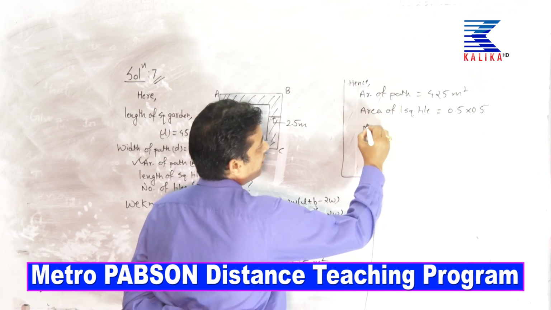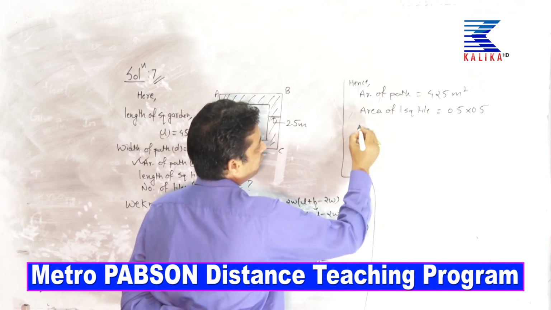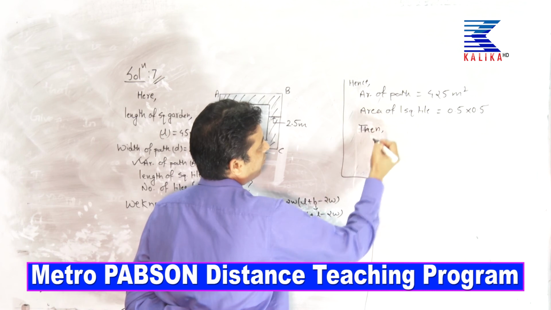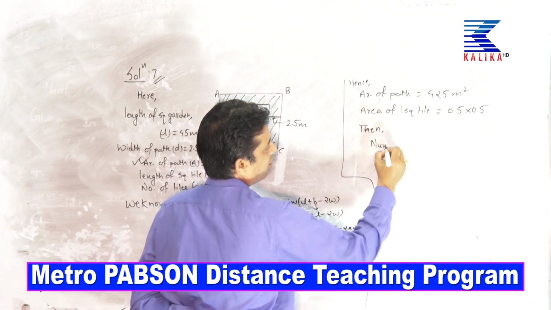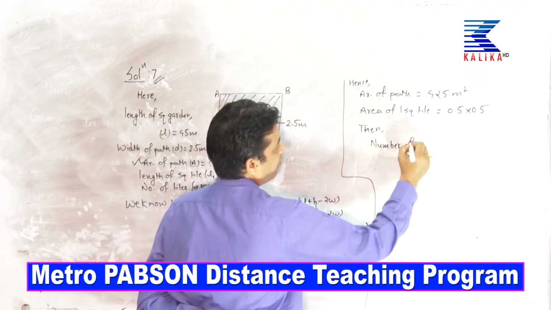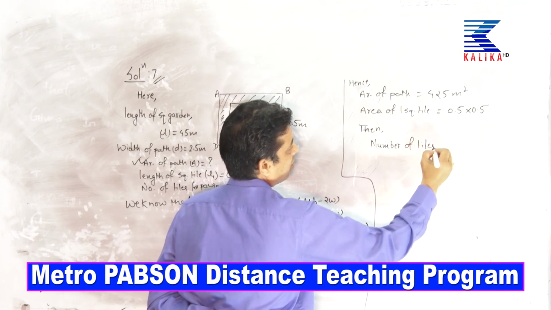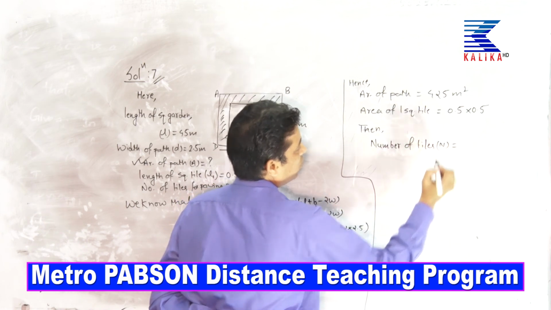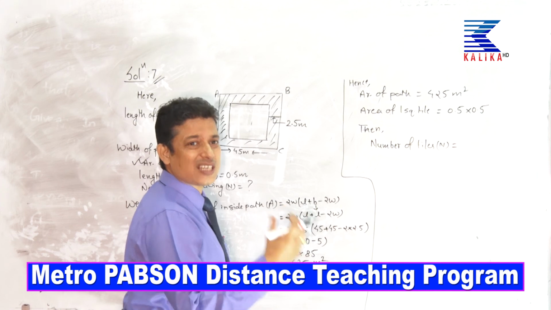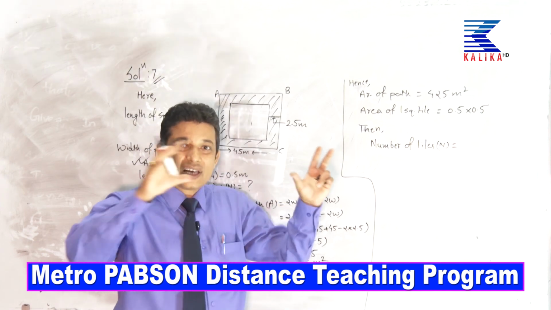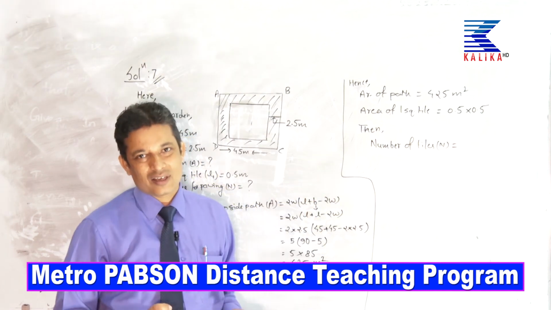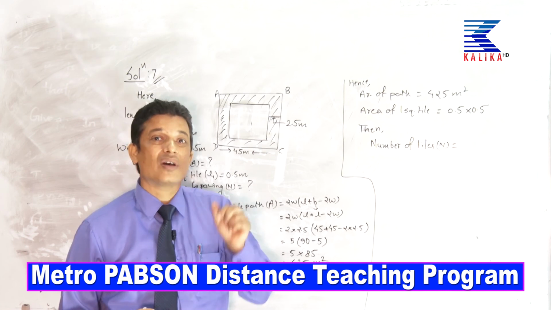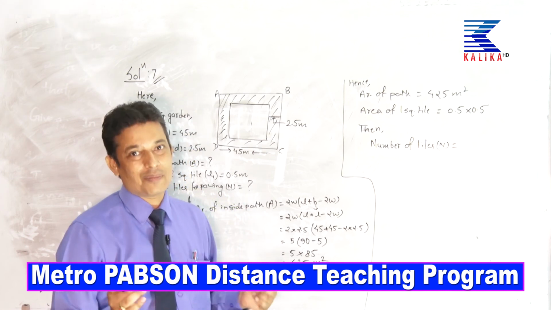We need to find the number of tiles n. Now, how many such tiles are required? So, the total area divided by the area of one square tile will give us the number of tiles.